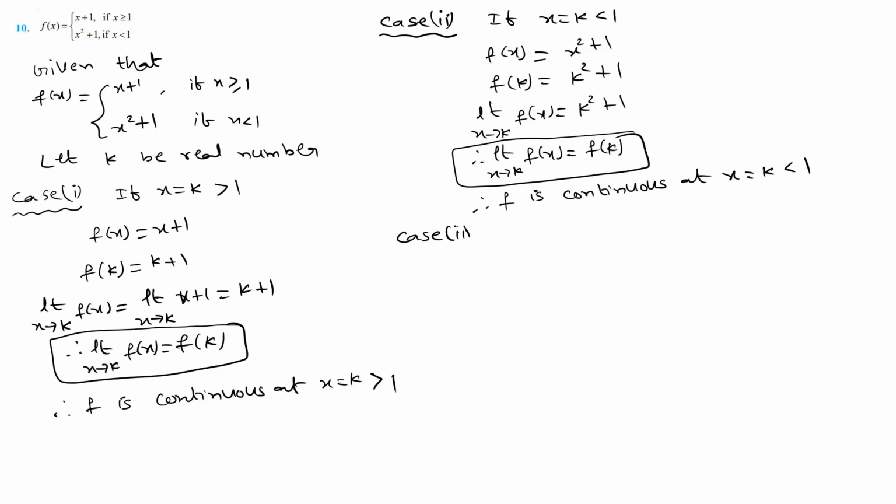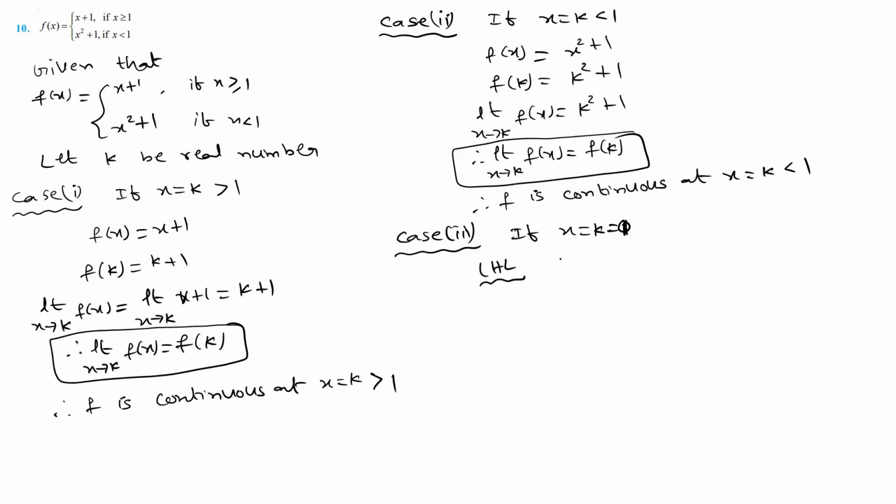Next, case 3 is if x is equal to k, which is equal to 1. Directly if you take 1 here, we will again get 3 cases.